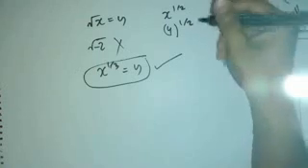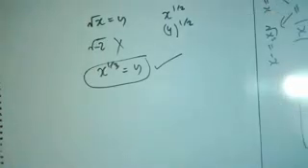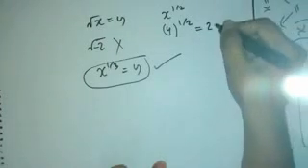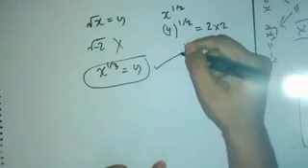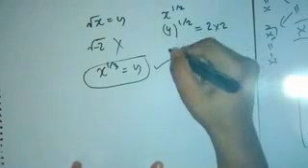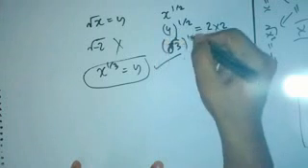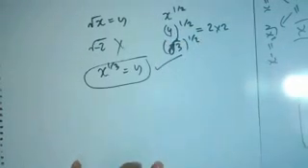So what does 4 raised to power half mean? It means tell me a number which I multiply by itself, I get a 4. It is 2. When I multiply 2 by itself, I get 4. Like if you have 3 raised to power half, what does it mean?